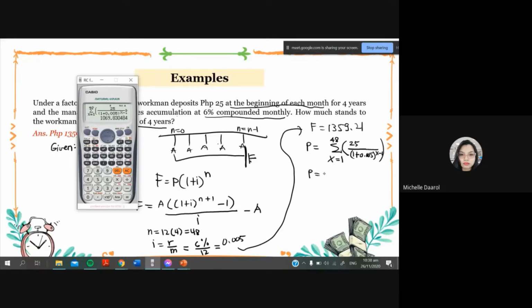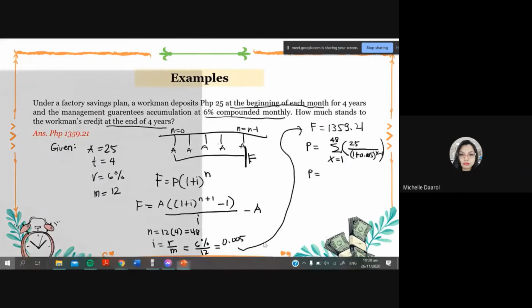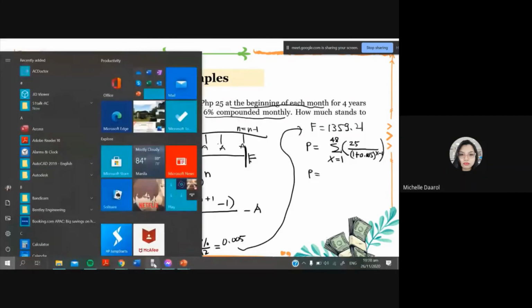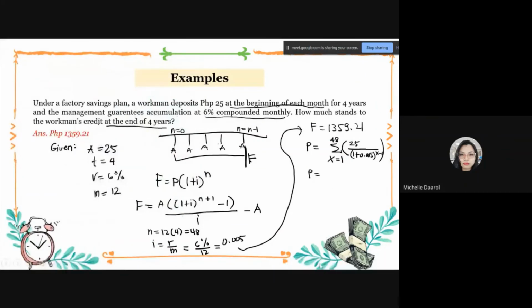So, the present worth is 1069.83. So, substituting, F is equal to P times 1 plus i raised to n.